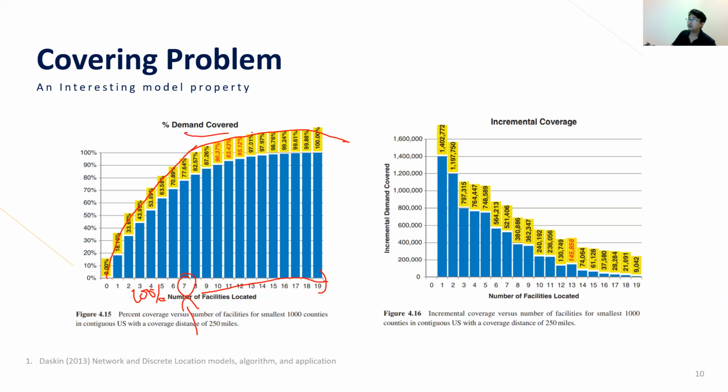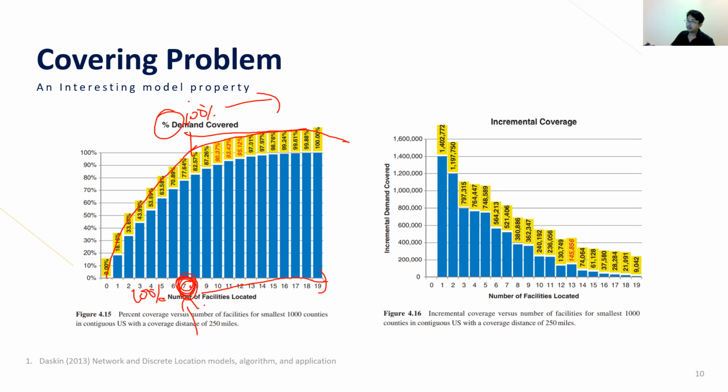But if your objective is only to find the maximum demand coverage, you just need to find the optimal number of facilities being located. If it is already 100%, it cannot grow more than 100%, right?